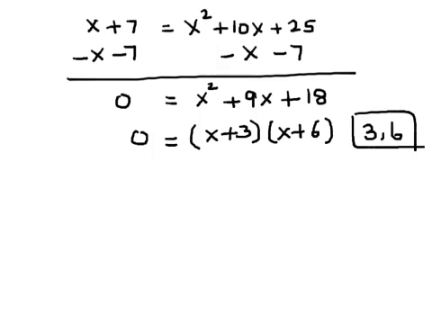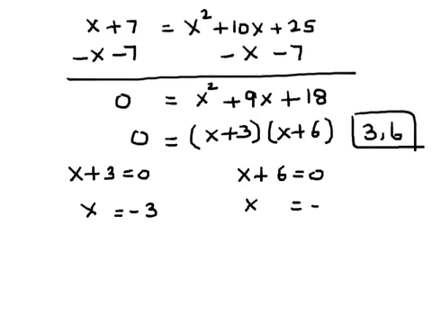Using this principle, we have either x plus 3 is 0 or x plus 6 is 0. Try to solve these. We get x is negative 3 and x is negative 6.